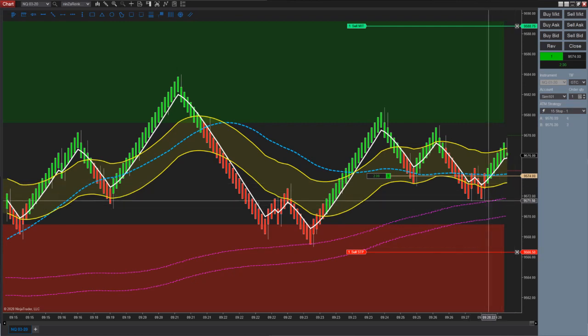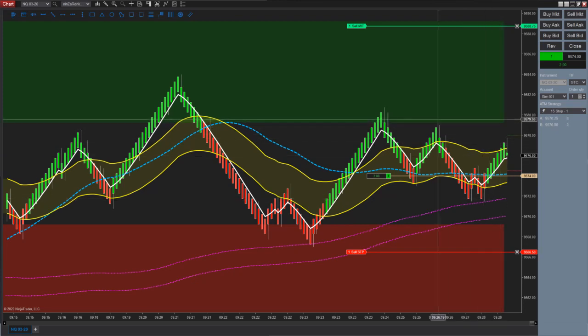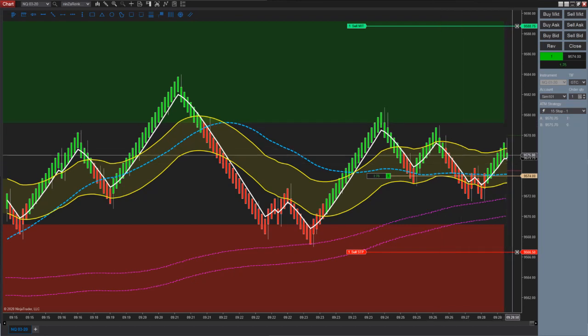That's nicely bouncing from the upper line, which is great, making a low, high, low. Now we just need to break through this one here. They may pull back, and then this would be a new high that needs to be broken through, or this one here. We'll see what they're going to do. They may just pull back and then turn around and break, or they may just break through here.